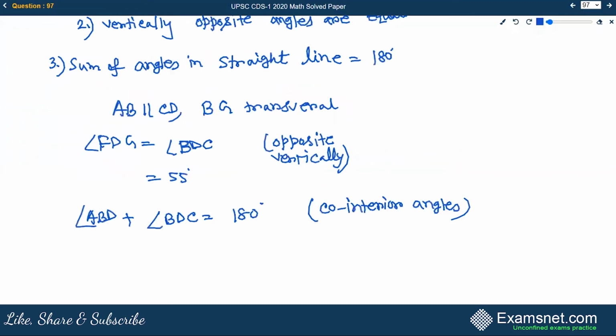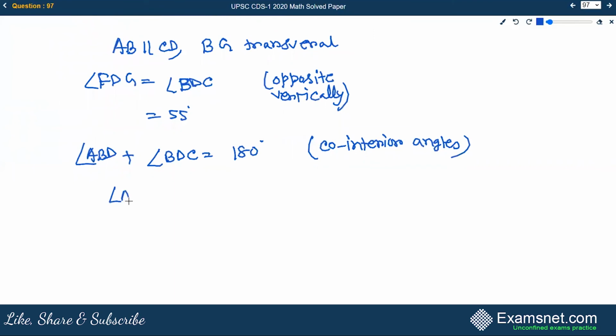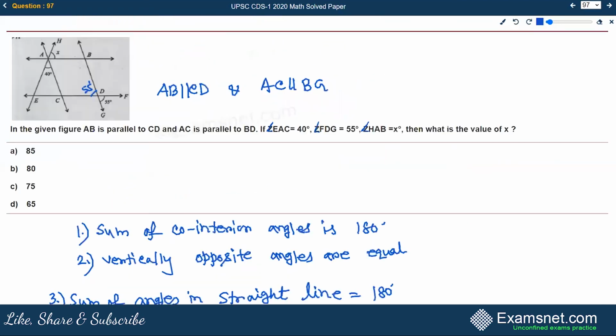Yes, this opposite one we are denoting BDC. So here the angle ABD is 180 degrees minus 55 degrees, so 125 degrees.